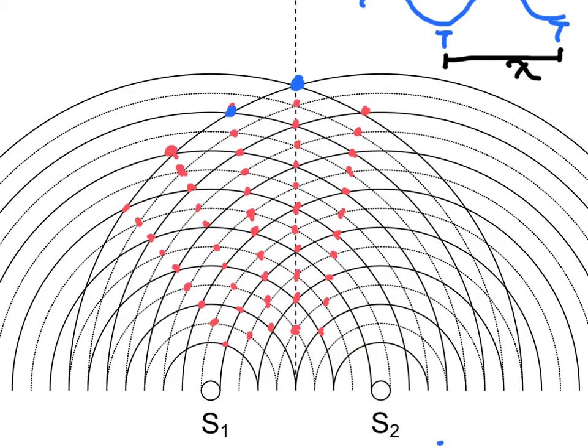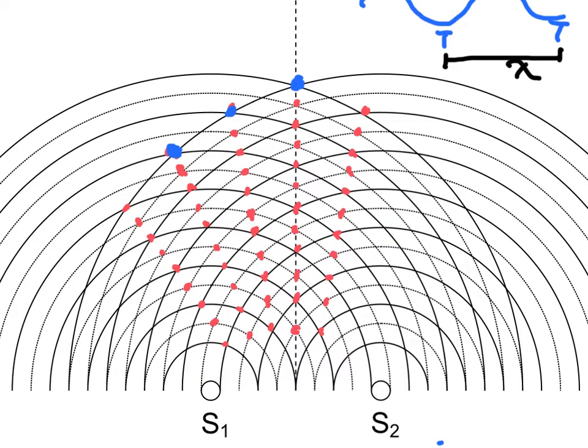But for now, let's just focus on the left side and take a look at those in a bit more detail. If you take a look at this point in particular, I think most of you can agree that this point is also going to be 8 wavelengths away from source number 2, but only 6 wavelengths away from source number 1. 1, 2, 3, 4, 5, and 6.